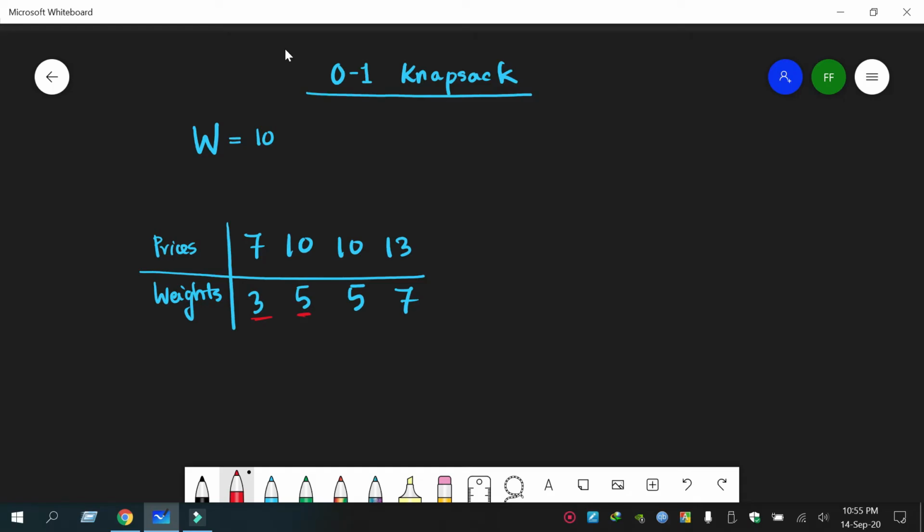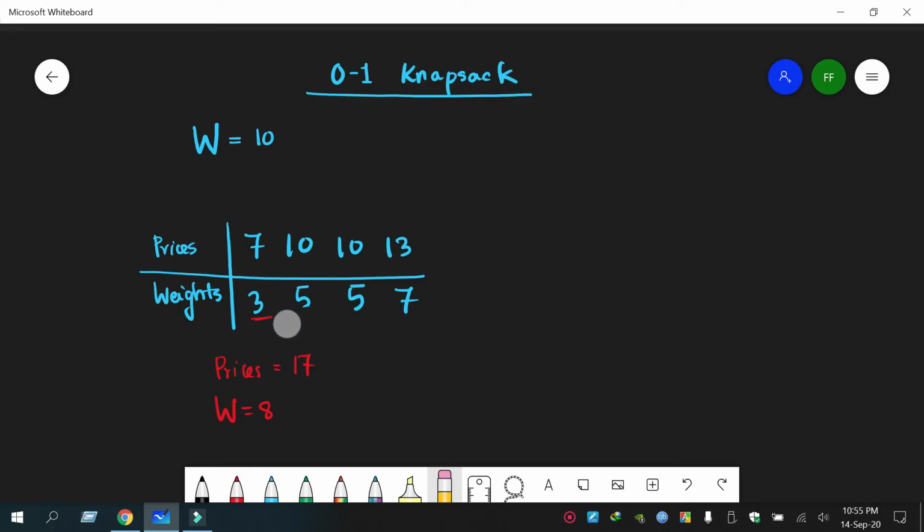And the weight will be 8 if you take these two, and the profit that you will get, that is the summation of the prices that you will steal, will be 17 if you take these two. And if you take these two, you cannot take this or this because that will exceed the capacity of your bag, right?